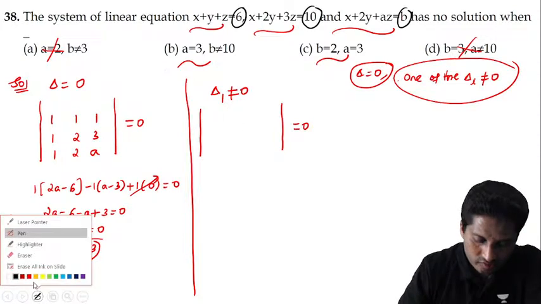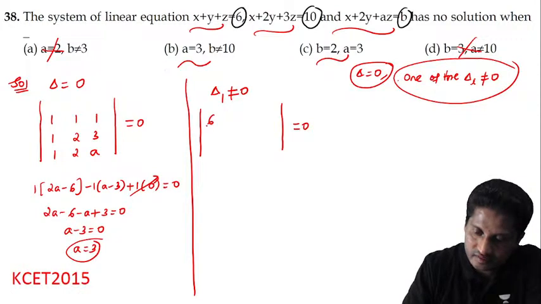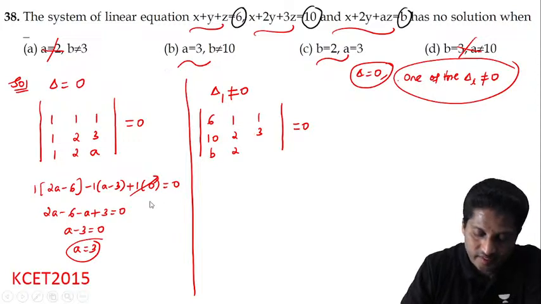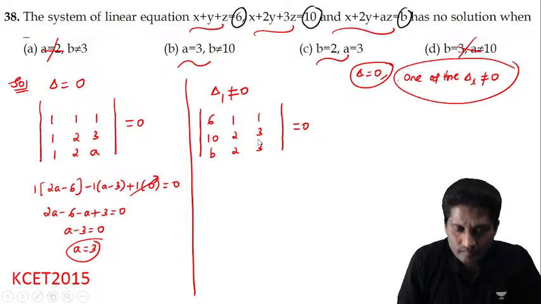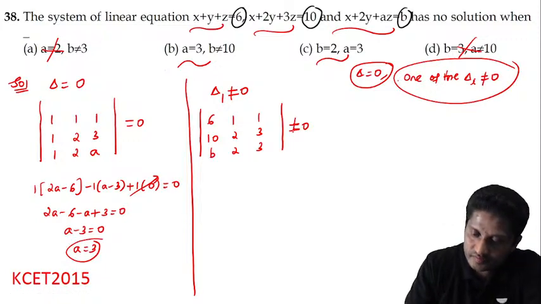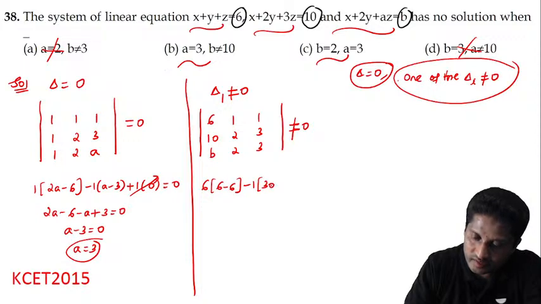Second column will be 1, 2, 2. Last column is 1, 3, a. A value I know, this is 3. Now if I expand this, it will not be 0. Right, now 6 into delete first row first column, 6 minus 6 minus 1, delete first row second column, you get 30 minus 3.